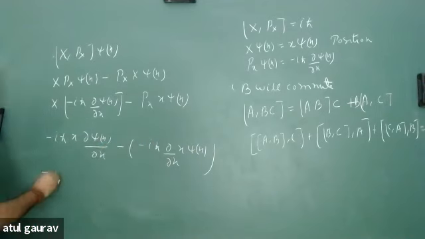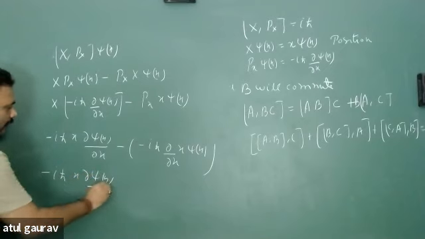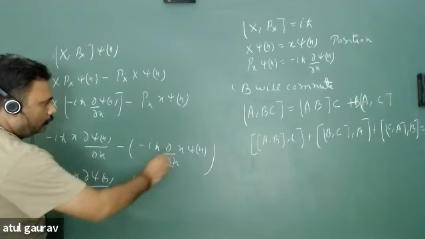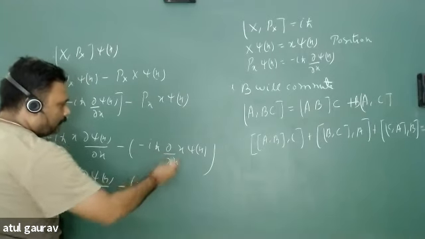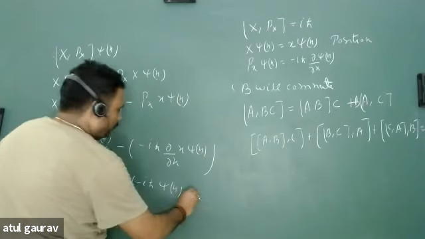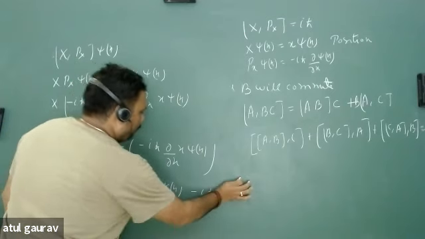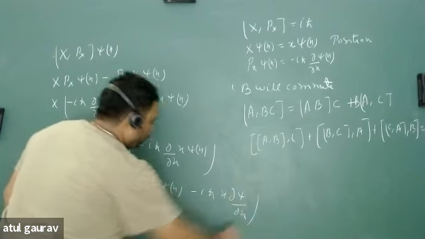So how you can write this will be minus iħ x ∂ψ/∂x minus, you can just go for it, minus iħ ∂x/∂x times ψ(x), and the second term is minus iħ x ∂ψ/∂x.